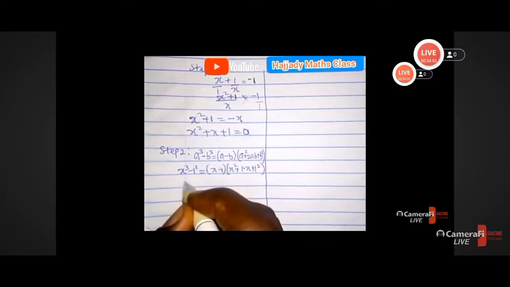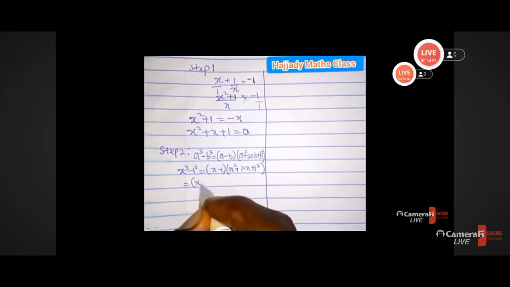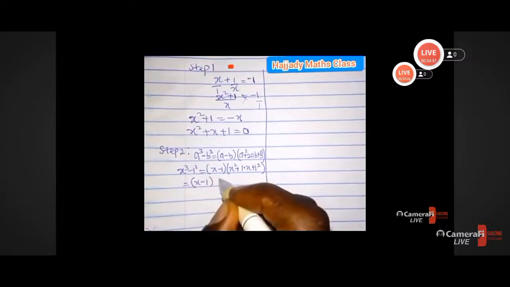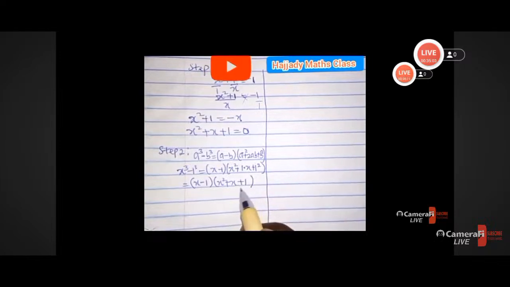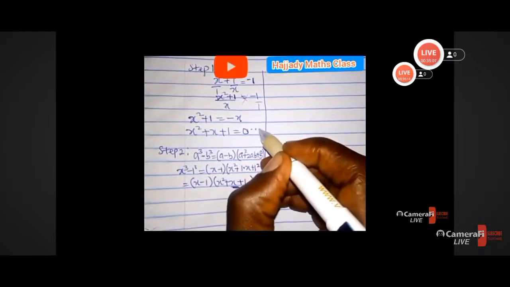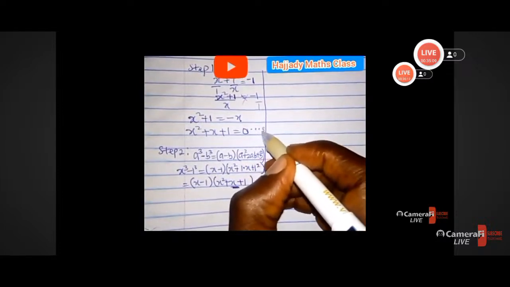So that means this can be written more explicitly as x minus 1 into bracket x squared plus x plus 1. And don't forget that, from this equation given to us, let me call this equation 3.